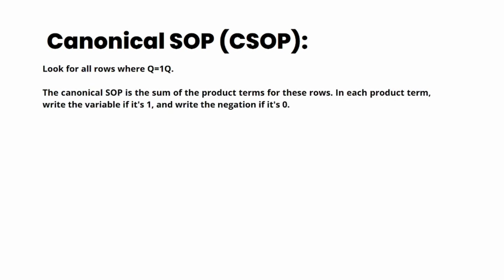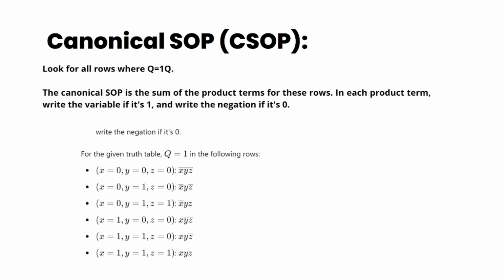Now here you can see that the canonical SOP is the sum of the product terms for these rows. In each product term, write the variable if it's 1 and write the negation if it's 0. In our case, Q is equal to 1 for these rows, and the result gained by all of this is given as this one. So here is the canonical SOP.